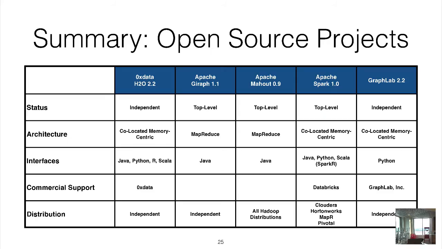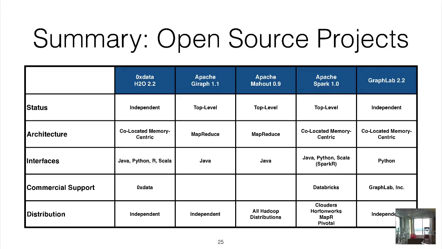All right, so here's a quick summary of the status for what it's worth. You can kind of see, in order to be successful as projects, there has to be some kind of commercial support. You can see that 3 of them do.